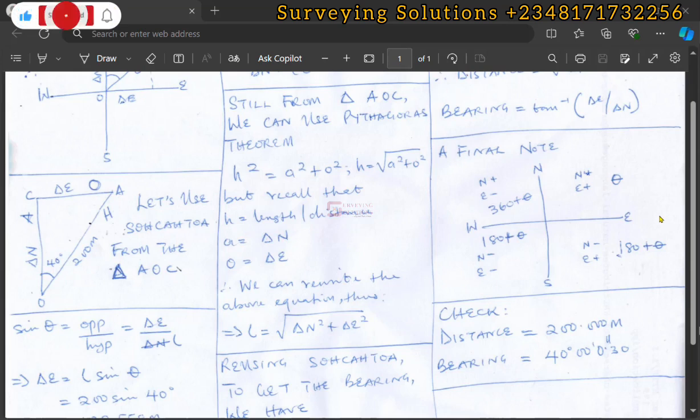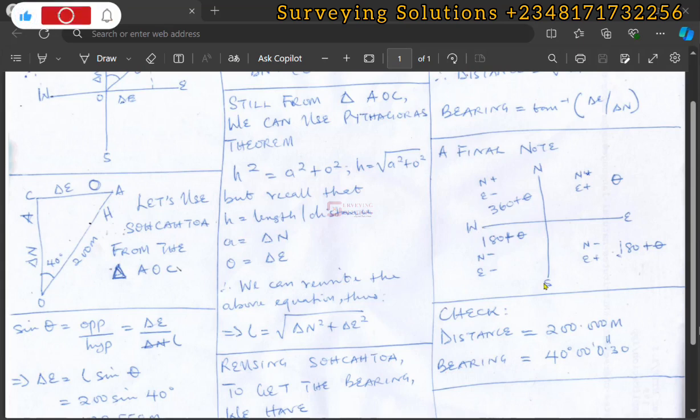Good. But if you come down to the second quadrant, you would see that it is bounded by east and south, right? And south is negative north, therefore your north is negative, and then east is still positive, because it is still towards your right hand. Then if you come down to the third quadrant, it is bounded by west and south.